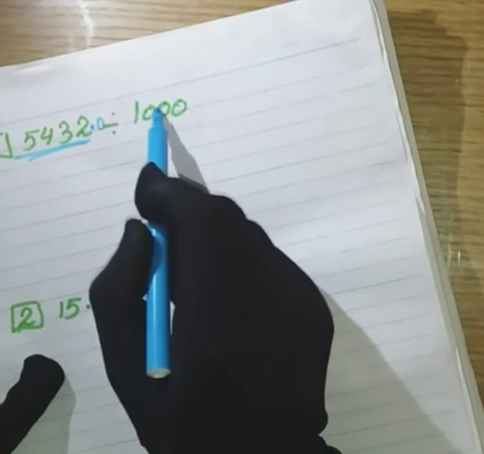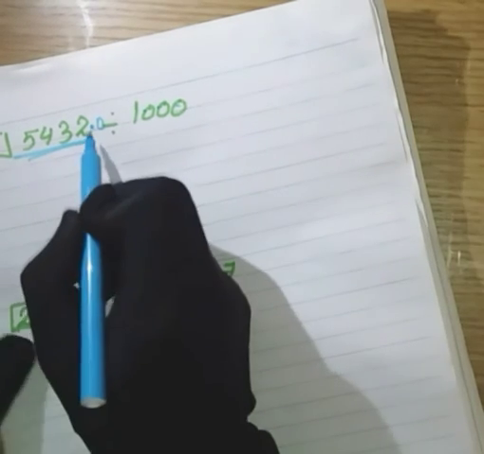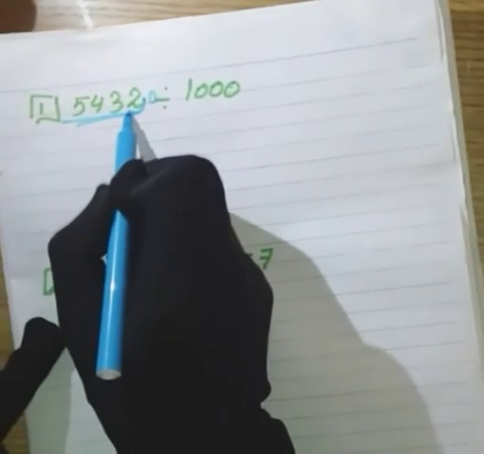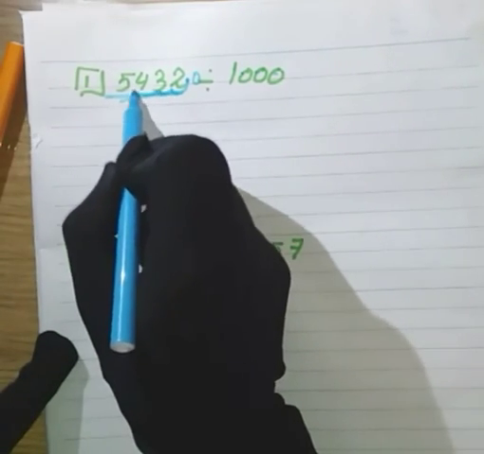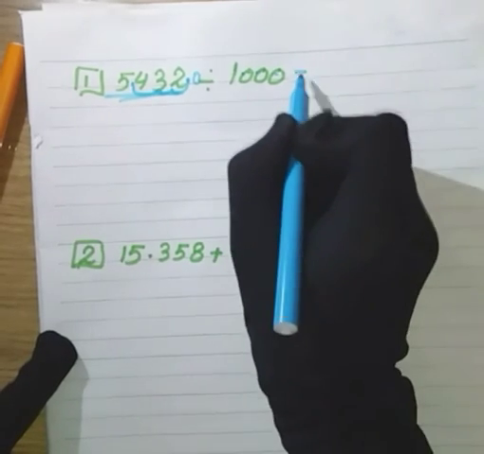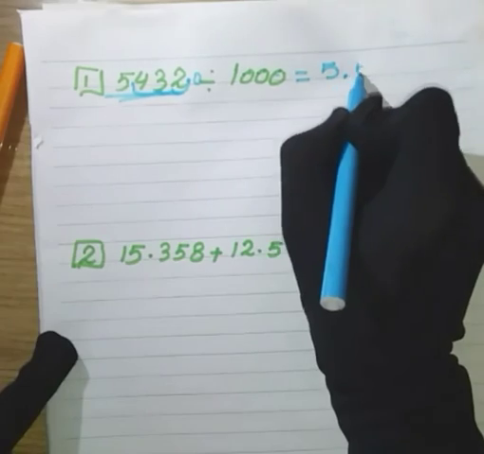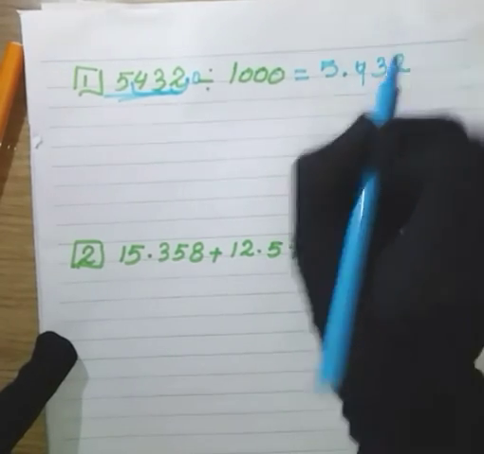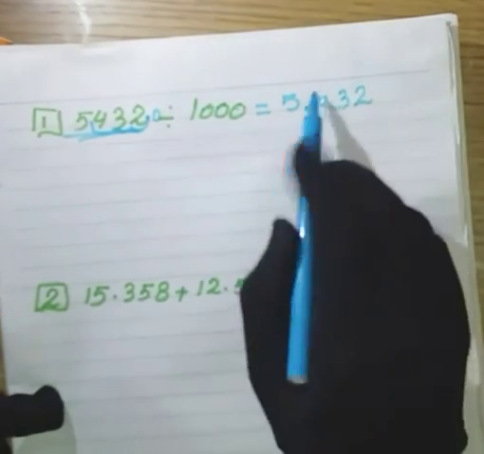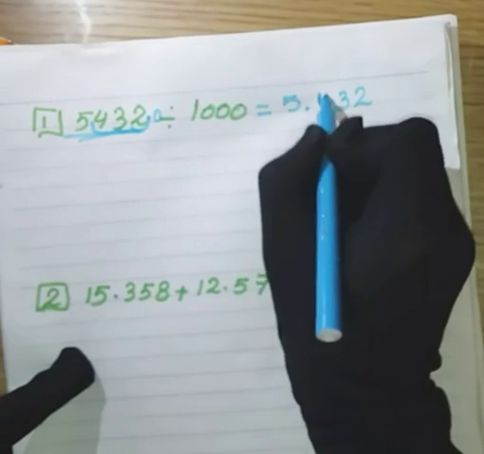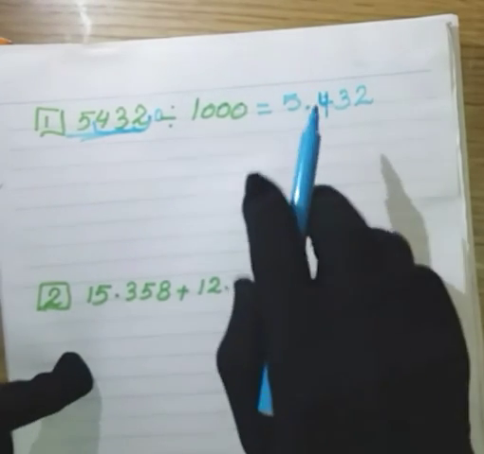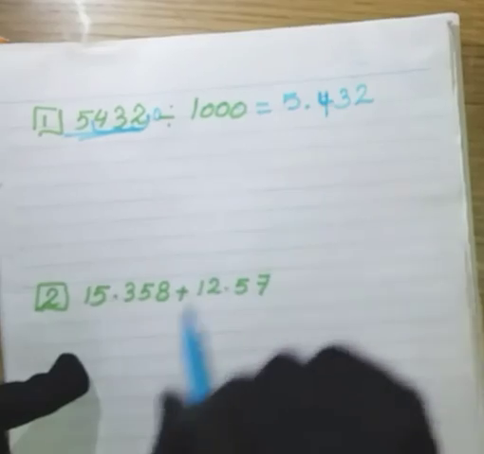Here how many zeros? 1, 2, 3. 3 zeros. So 1, 2, 3. 5,432 becomes 5 and 432 thousandths.